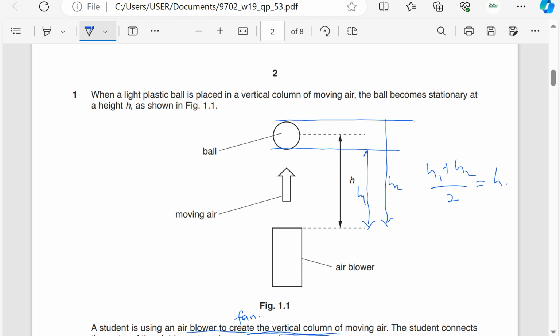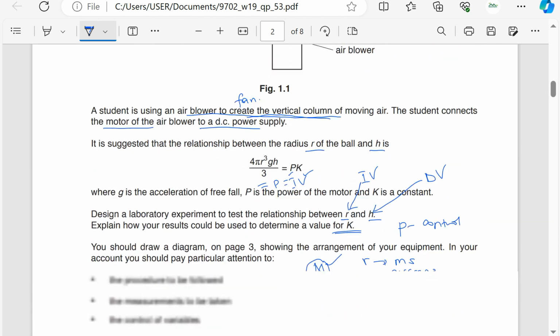So here I have improved h. That means I'll measure to the bottom of the ball and to the top of the ball and divide by 2, because it's hard for me to measure up to the center of the ball when it is in the air.